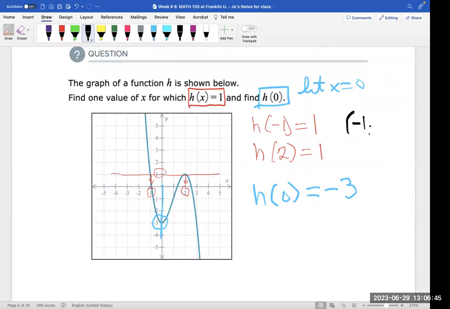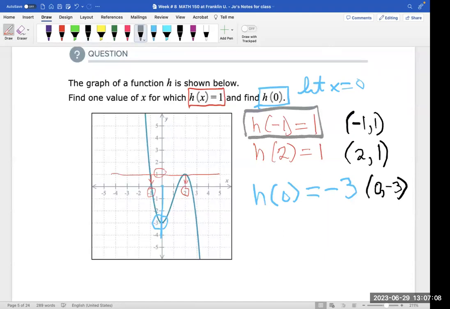This tells me that -1, 1 is a point on my graph. This tells me that the point 2, 1 is on my graph. And the point 0, -3 is on my graph. So these are 3 points on my graph. And I really want you to connect that h of -1 equals 1 tells the exact same story.